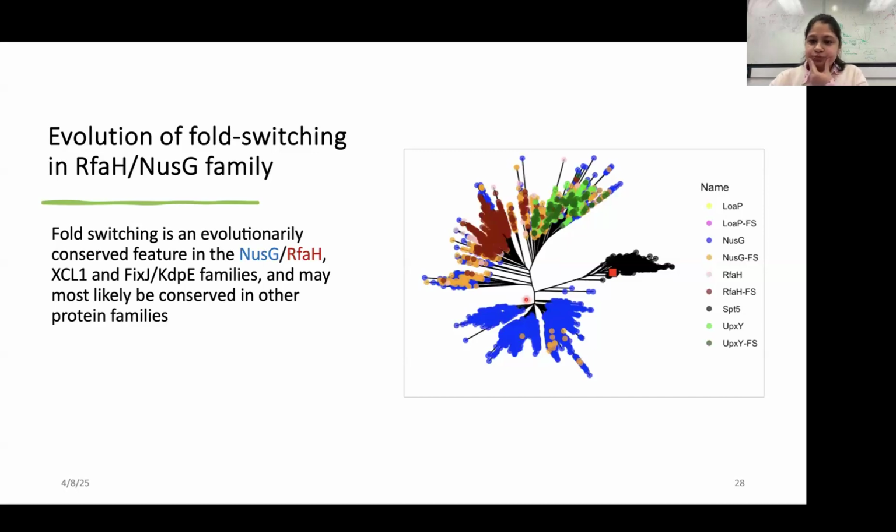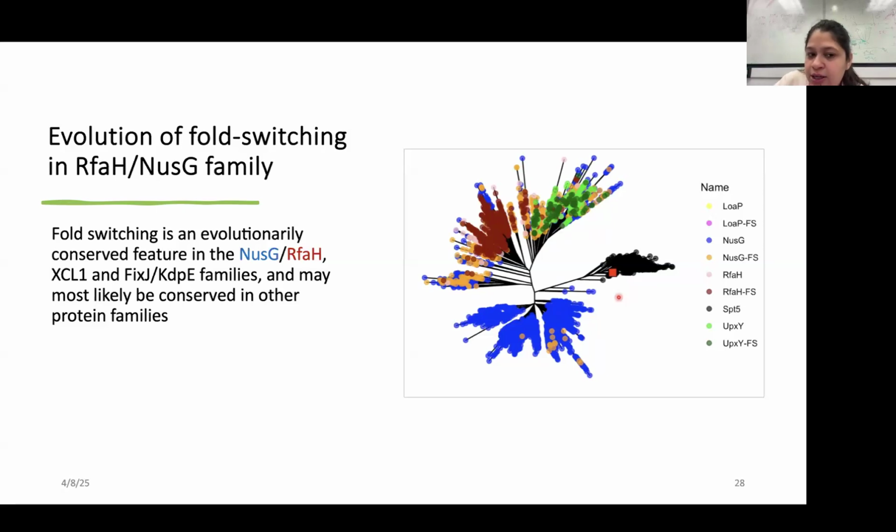Using the computational prediction method that was described in Lauren's paper, we could label the members of the family as fold switchers or non-fold switchers, and we built a tree, and we have rooted it at this point because these are the oldest members of the family. We knew that for this particular family.